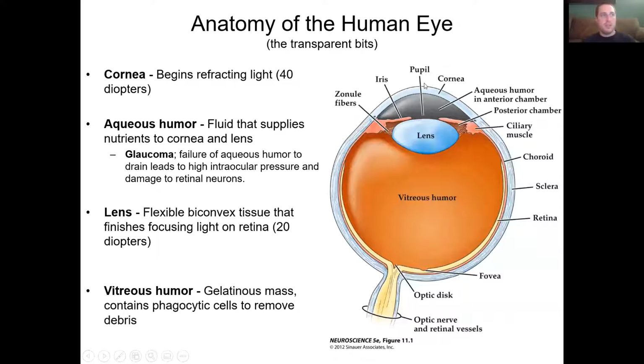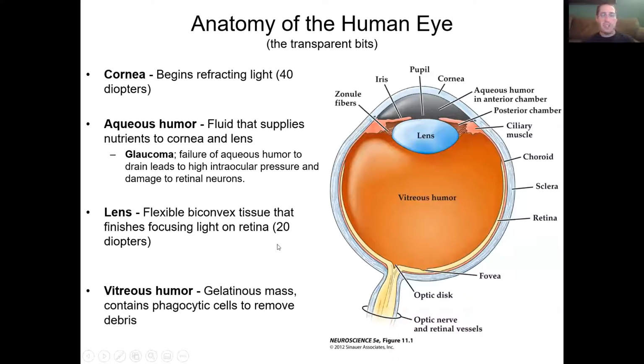Okay, so back to the light path. Light passes through the cornea, through the aqueous humor. It then goes through the lens. The lens is this flexible biconvex tissue. It looks a lot like a lens that you'd find in a camera. And this refracts the light some more. It kind of finishes the focusing of the light so that the light then focuses on the retina.